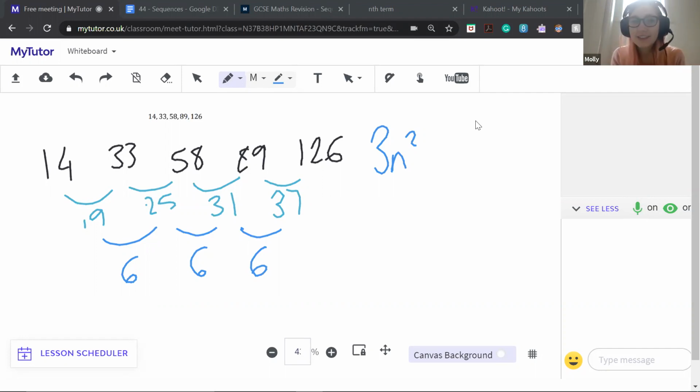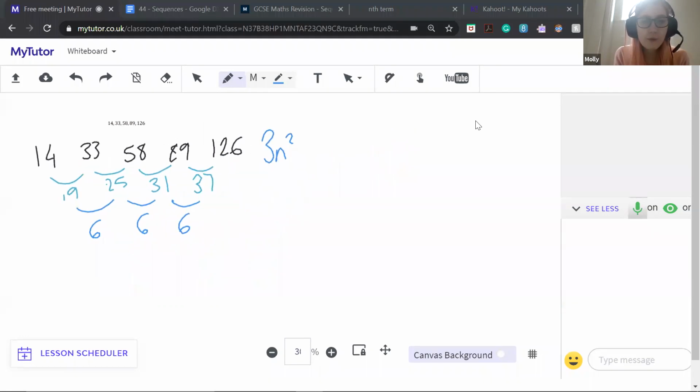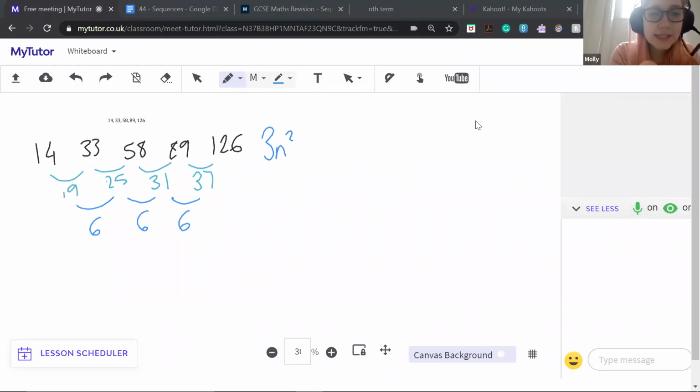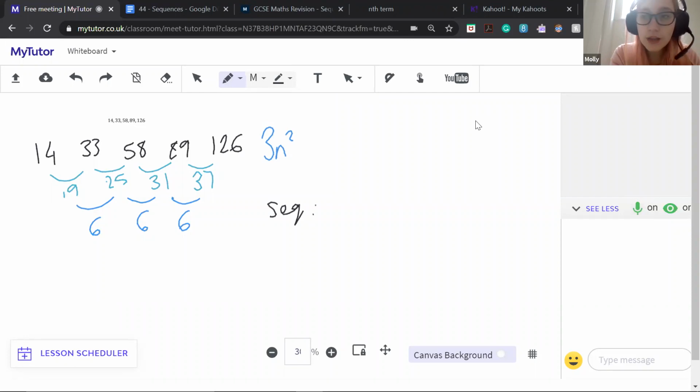The way that I always format these is that I write out a little table for myself to do the subtraction. So I write out the sequence, and I write out what 3n squared is. To help me with that, I will write down what n squared is, because then I can just times it by 3 to find this.